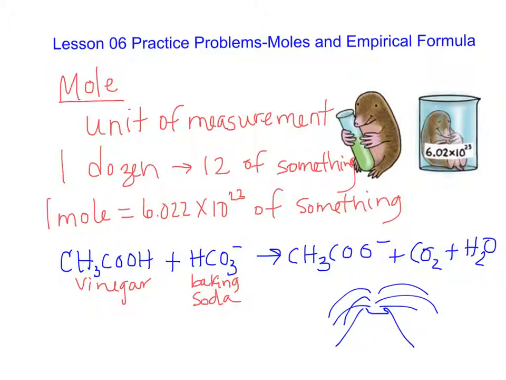So when we're looking at this chemical equation, what this is telling us is that 1 molecule of vinegar plus 1 molecule of baking soda makes 1 molecule of acetate plus 1 molecule of carbon dioxide plus 1 molecule of water. So say we wanted to get out a certain amount of carbon dioxide or a certain amount of water.